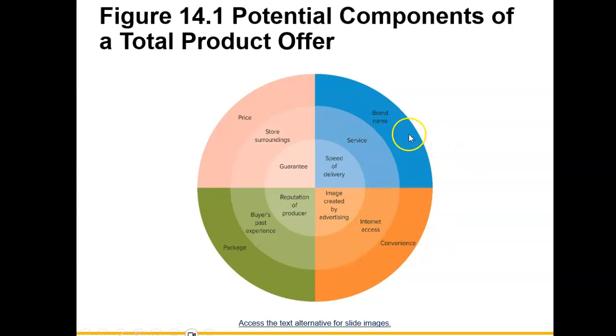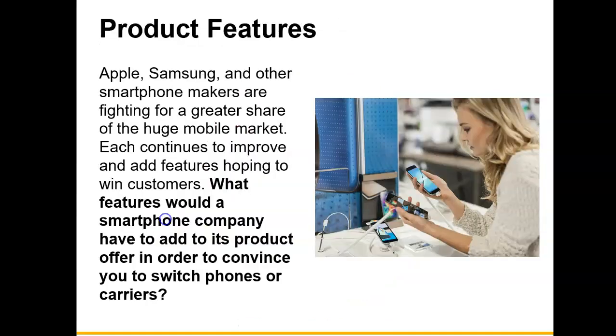Brand name, speed of delivery, services. Is there a guarantee? What's the reputation of the producers? Buyers' past experience. So now reviews are extremely important because consumers will look at reviews before they decide to purchase a product and or a service. Okay?